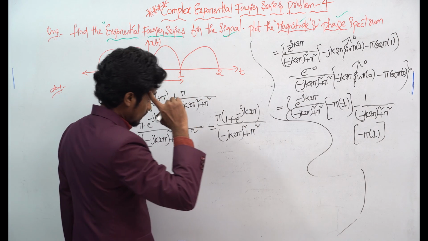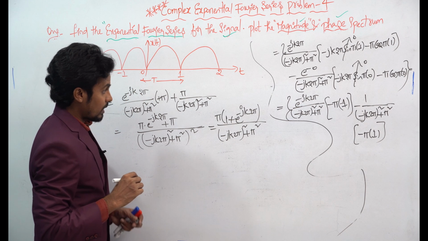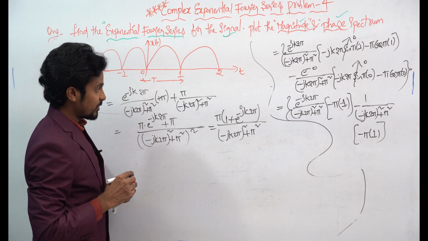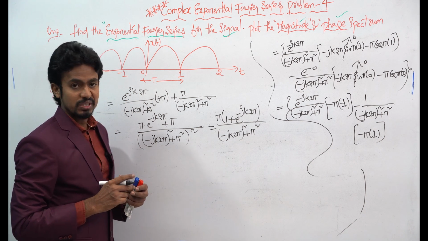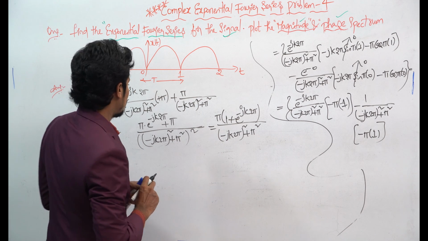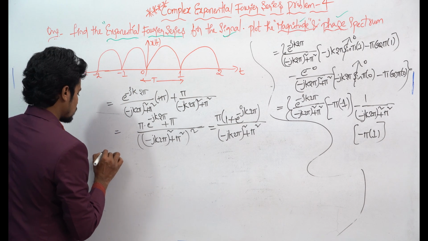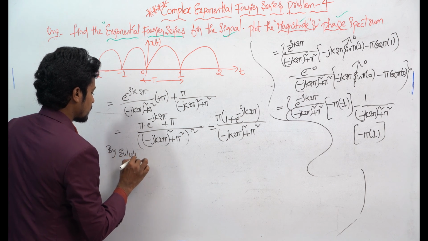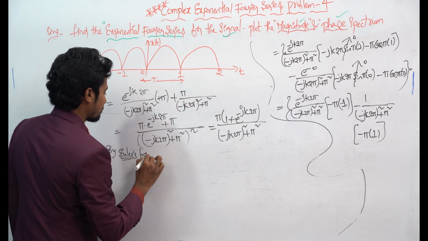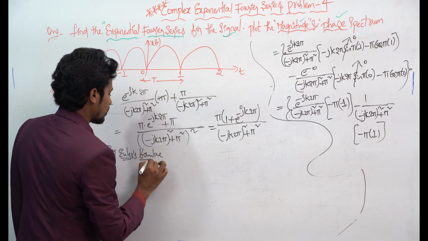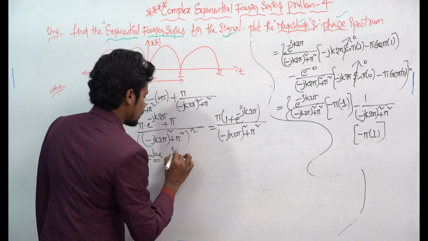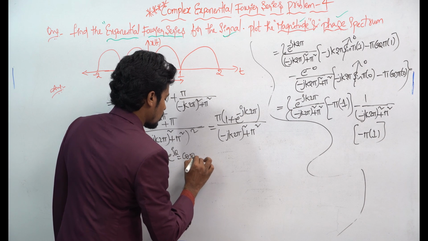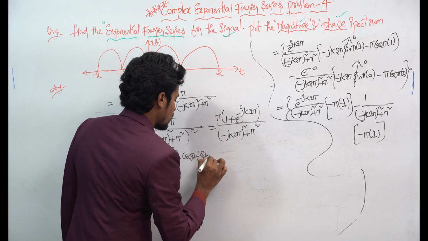For e power minus jk 2 pi, you just have to substitute Euler's formula. What is Euler's formula? E power j theta is equal to cos theta plus j into sin theta.